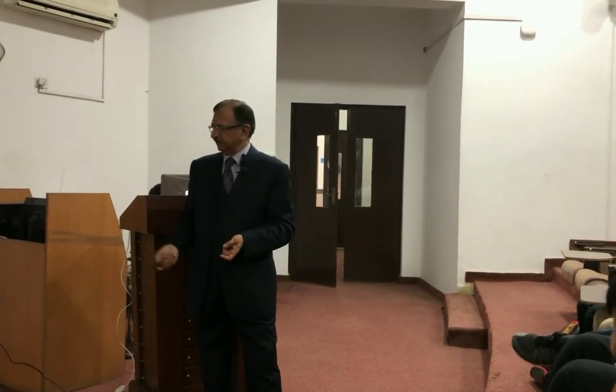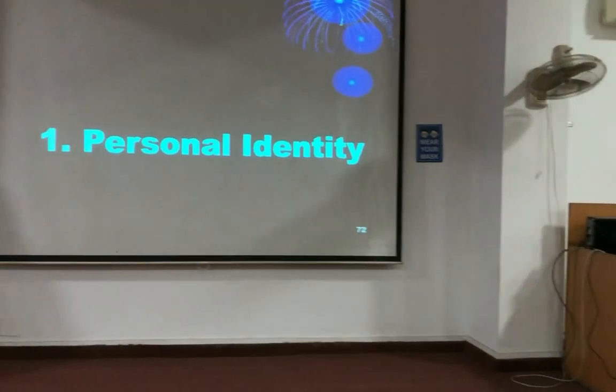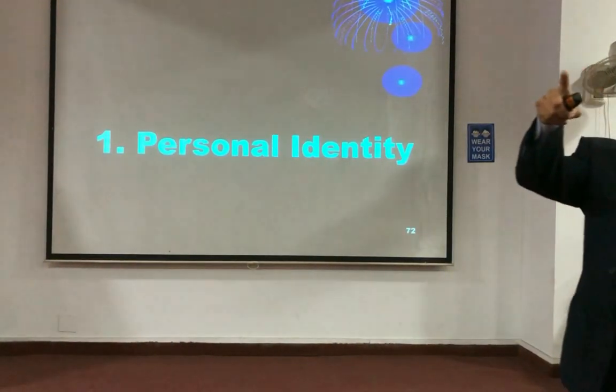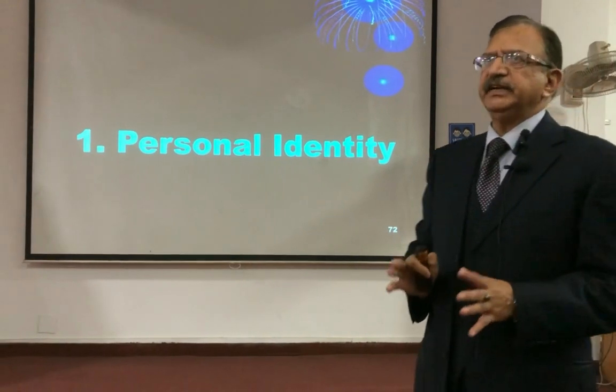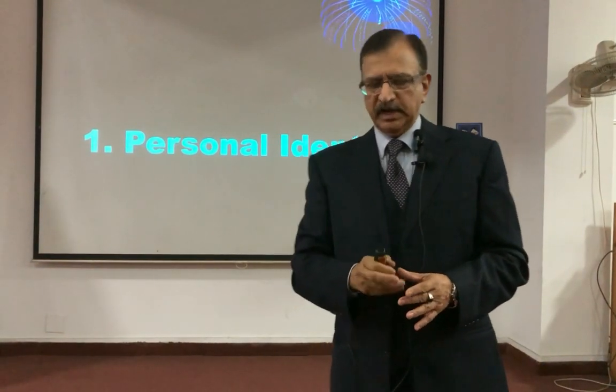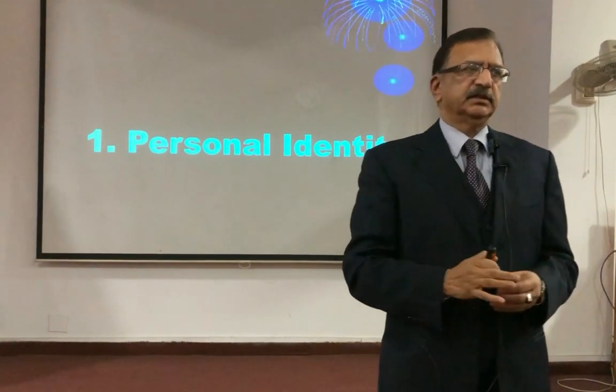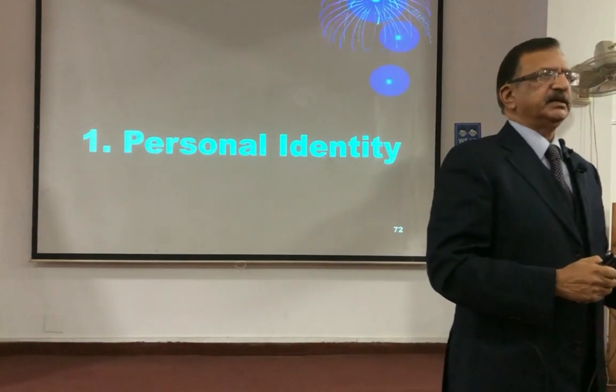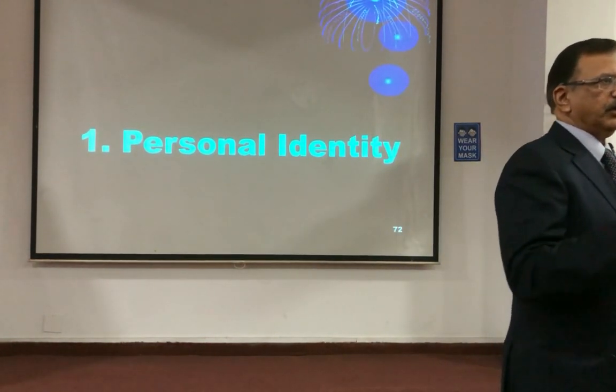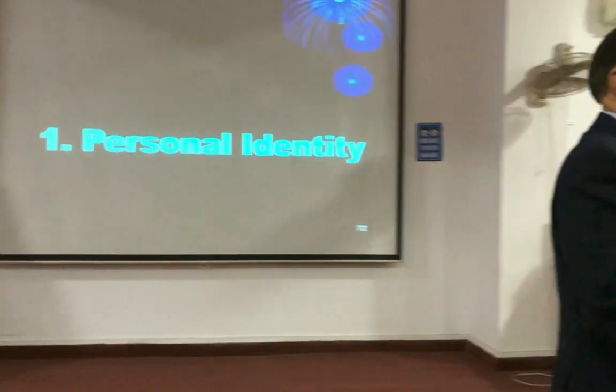Then time since death, that is the post-mortem interval, how long this person or this body is dead. Now regarding the personal identity, as the word is saying, this is the absolute fixation of identity, and there are 3 methods to establish the identity: subjective, objective, and third party.